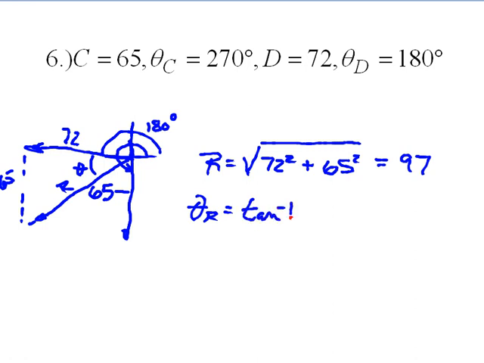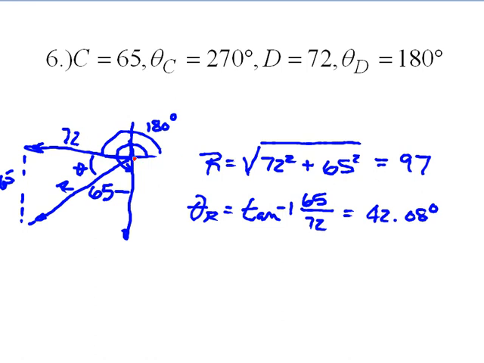Okay, we use our inverse tan, and we want the opposite, which would be 65. You could remember that as also the vertical component over the horizontal component, and we should end up with 42.08 degrees.